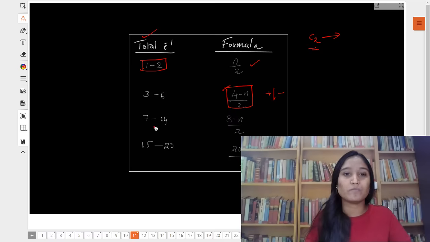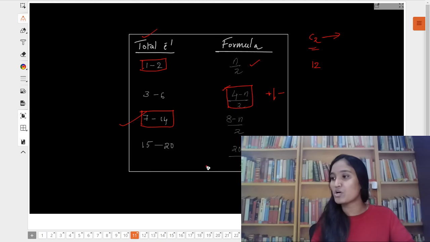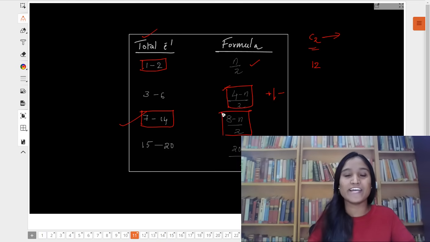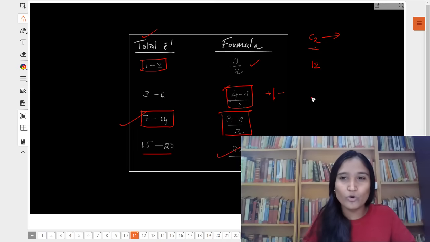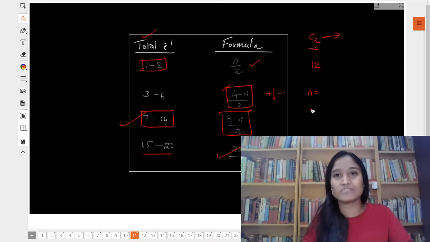Done? What if your total number of electrons falls between 7 to 14, the way it is happening with carbon, 12 electrons? So carbon belongs to this category. The formula here to calculate bond order is 8 minus n by 2. And if the total number of electrons is 15 to 20, there you go with the formula. By the way, what do you think n is here?